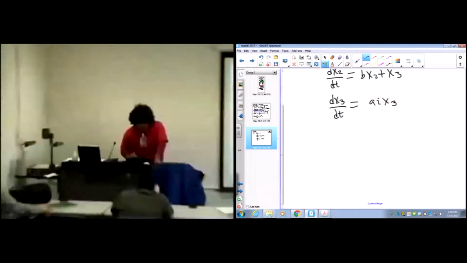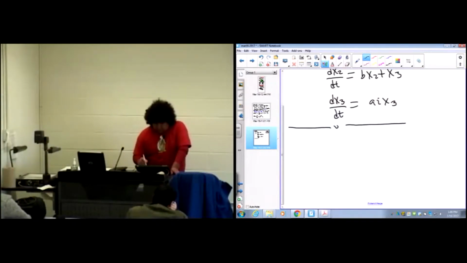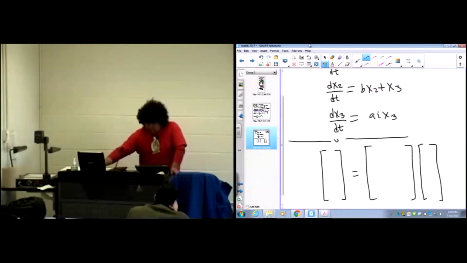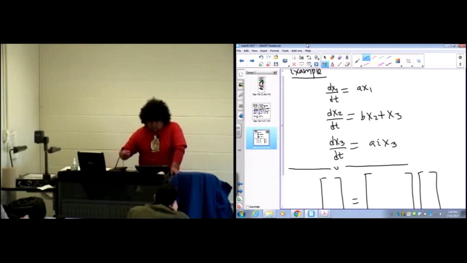Which means that we can write this as: the first row is a, 0, 0. The second row is going to be 0, b, 1. And the last row will be 0, 0, a.